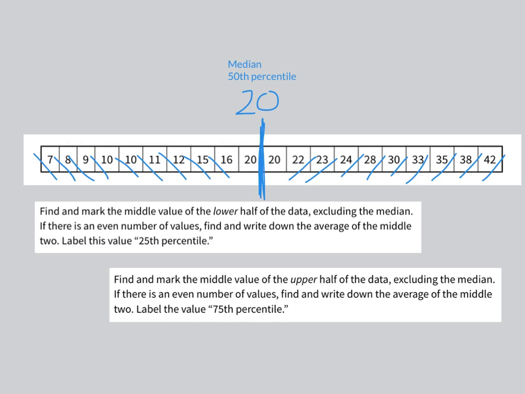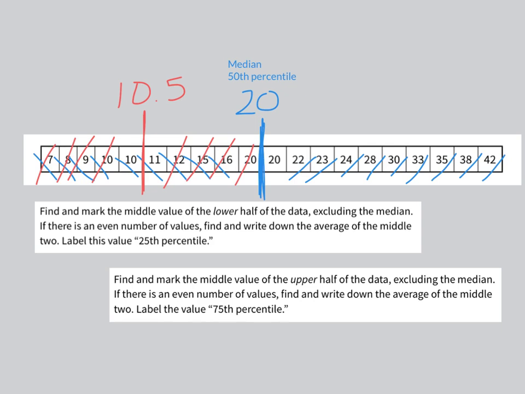So I need to start saying, okay, sorry, let me change that to my pen. 7, 20, 8, 16, 9, 15. I'm moving in until I reach middle numbers. I have 2 middle numbers. What's the number that goes exactly between 10 and 11? Well, that is 10 and 5/10.